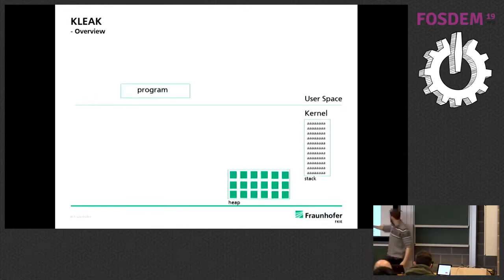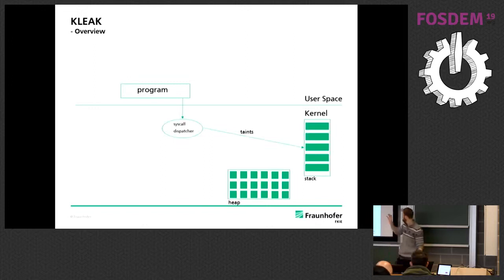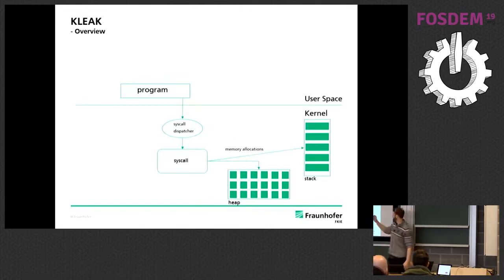So let's have a quick look at how this actually works. We've got our program, our potentially uninitialized stack, and our patched heap that already returns tainted pages. If we use a syscall and call into the kernel, at the syscall dispatcher we taint the whole stack by calling a function of our own that allocates a huge array and memsets it with our marker byte. Then we call into the system call, and the syscall will do memory allocations and get stuff from the heap.